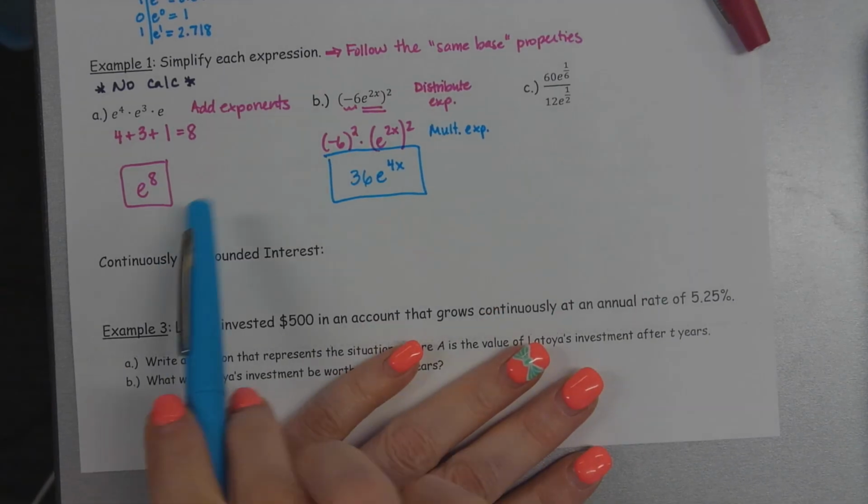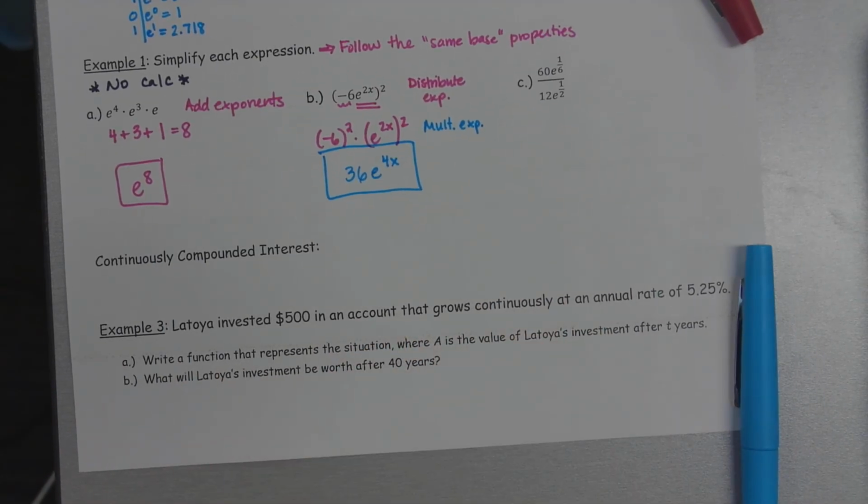All right, based on what we did for A and B, I want you to see if you can do part C. Okay, this is something that we did in chapter 7 with the same bases.